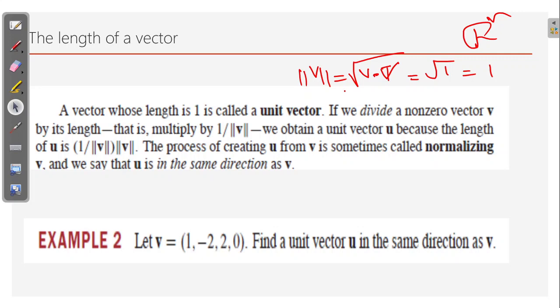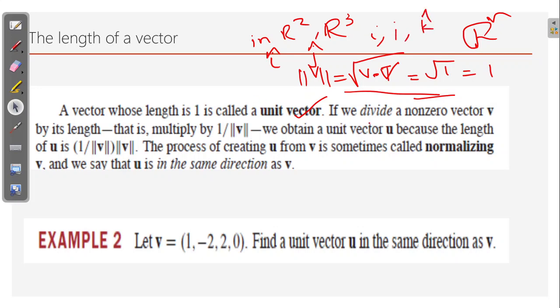If the vector satisfies this, then the length of the vector is said to be 1, and it is called a unit vector. You have been dealing with the unit vectors associated with R2 and R3. That is i and j, and if R3 is there, then i, j, and k. So these are the unit vectors.